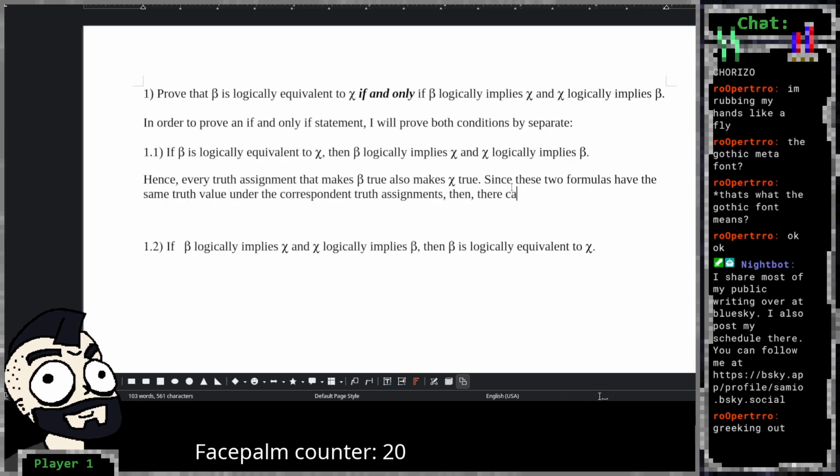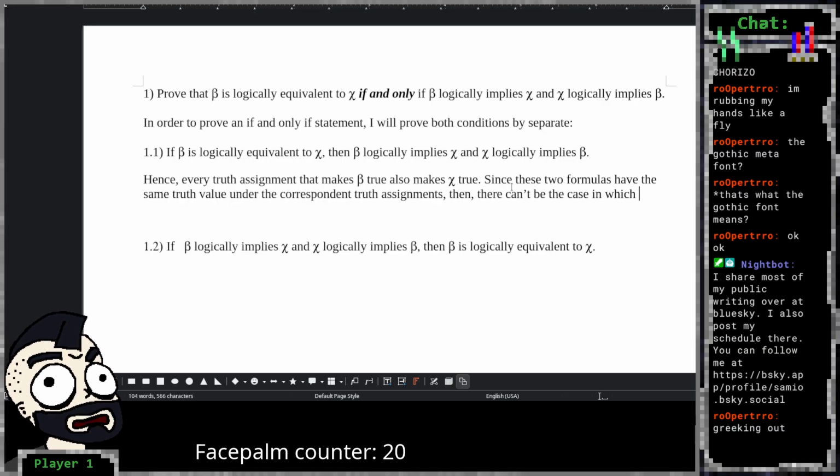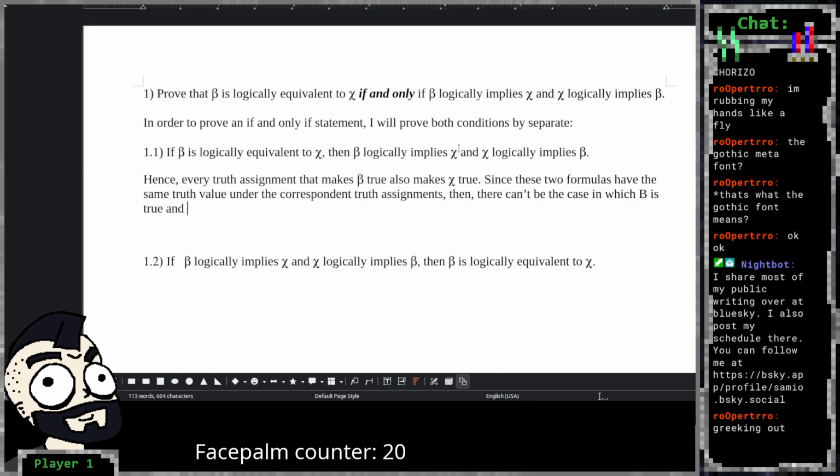then there can't be the case in which beta is true and chi is false, as that will contradict our premise. Likewise with the other implication.